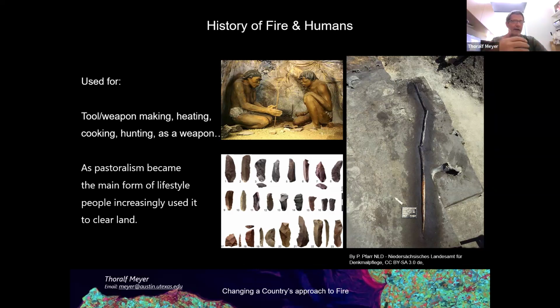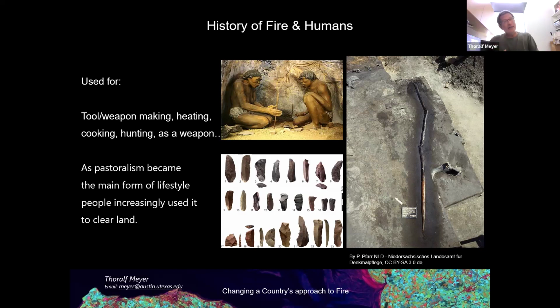So if we think fire and humans in uses, we probably think very first of cooking or heating or something like this. But fire has also been used as a tool. It has been used in tool making traditionally.